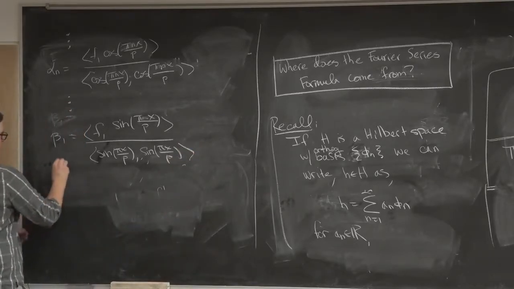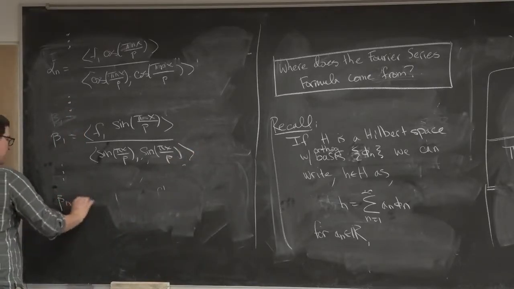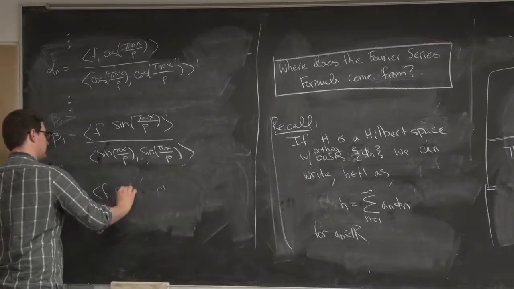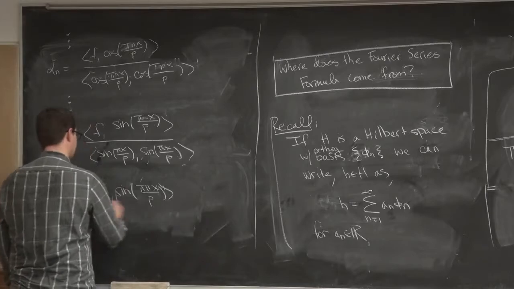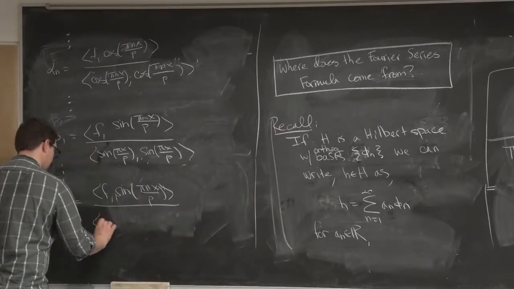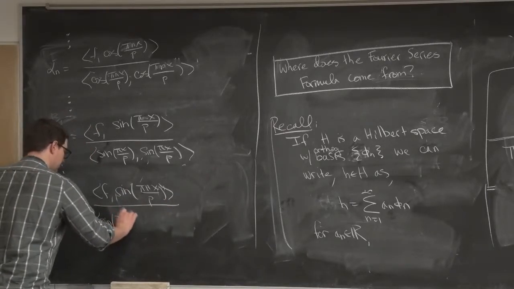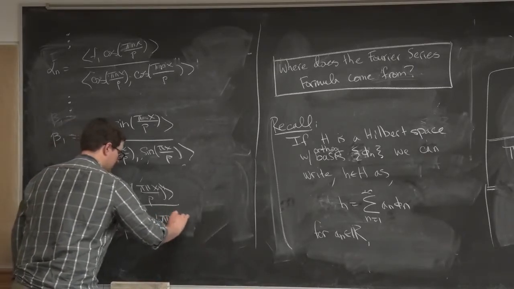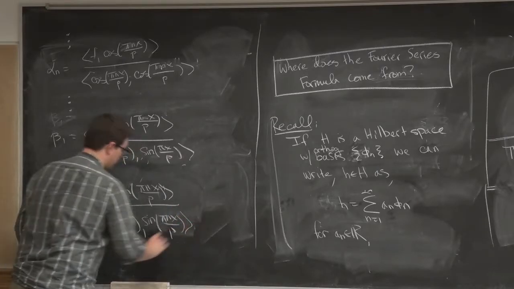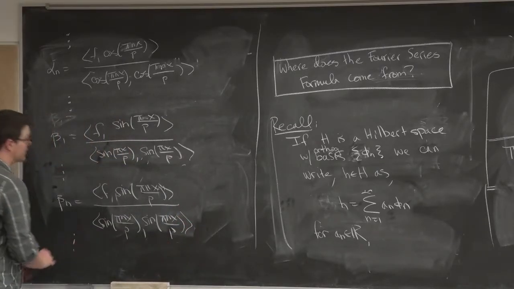And then it keeps going, so you get to beta n, sine. I guess you could keep going.